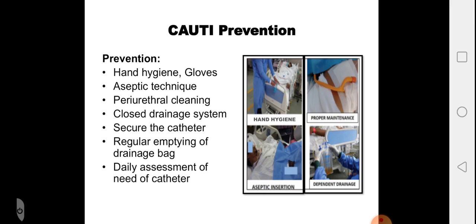When do we use Foley's catheter? What are the indications for use of Foley's catheter? When the patient is unable to pass the urine post-surgery, and when there is urinary obstruction, you use the Foley's catheter. Long-term immobilized patients, you use Foley's catheter.